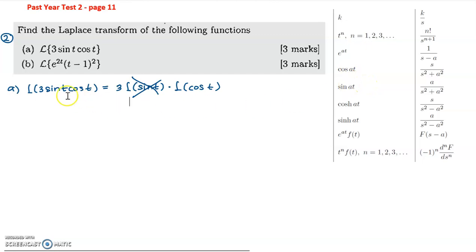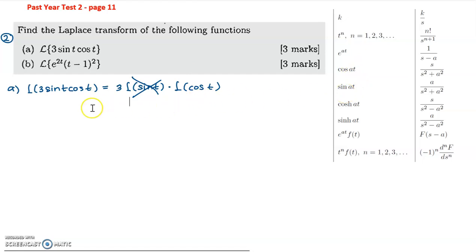So we need to think of how we can manipulate the expression 3 sine t cos t to be in terms of sine at only, or cos at only. The idea is to have the individual cos at or sine at.